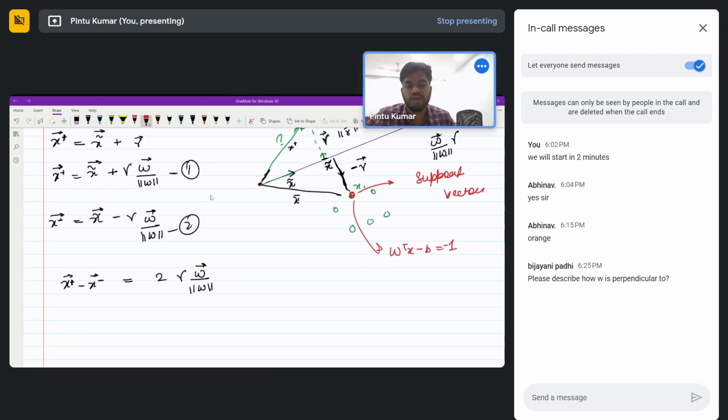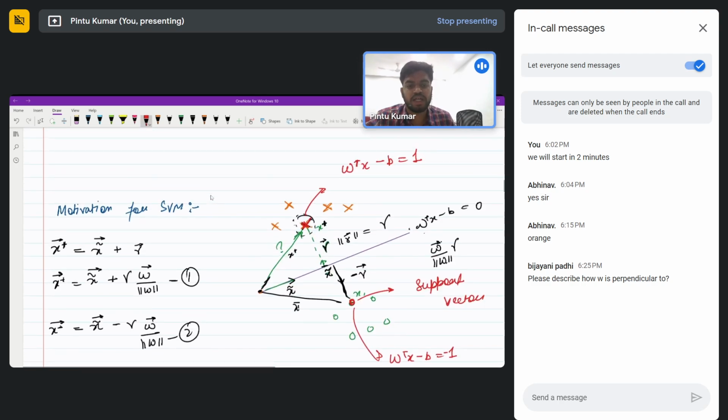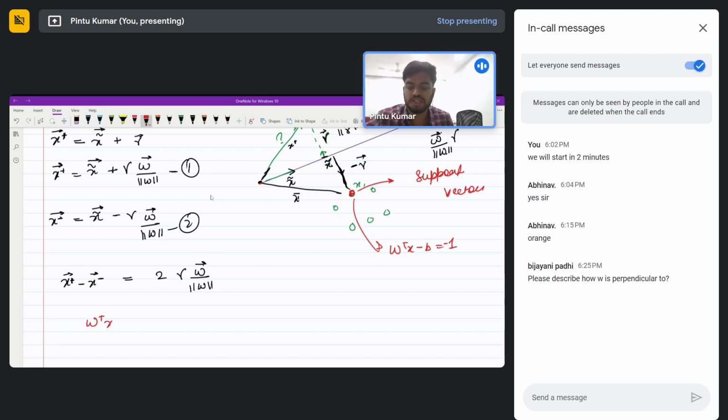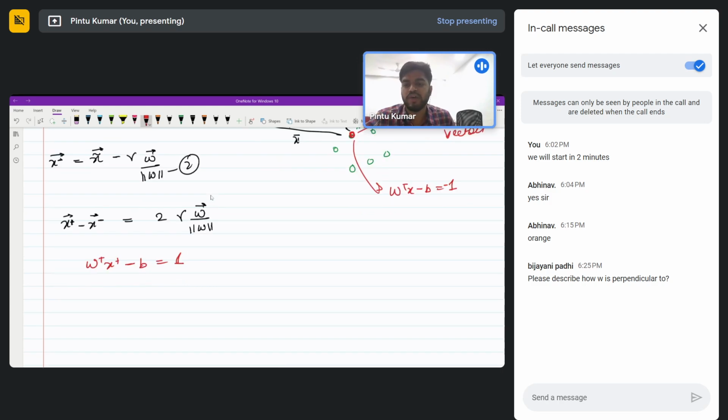Now, because this X plus point satisfies this property that my W transpose X plus minus B should be equal to 1, if I replace the value of X plus from here, I'll obtain W transpose (2 gamma W by norm W plus X minus) minus B is equal to 1.